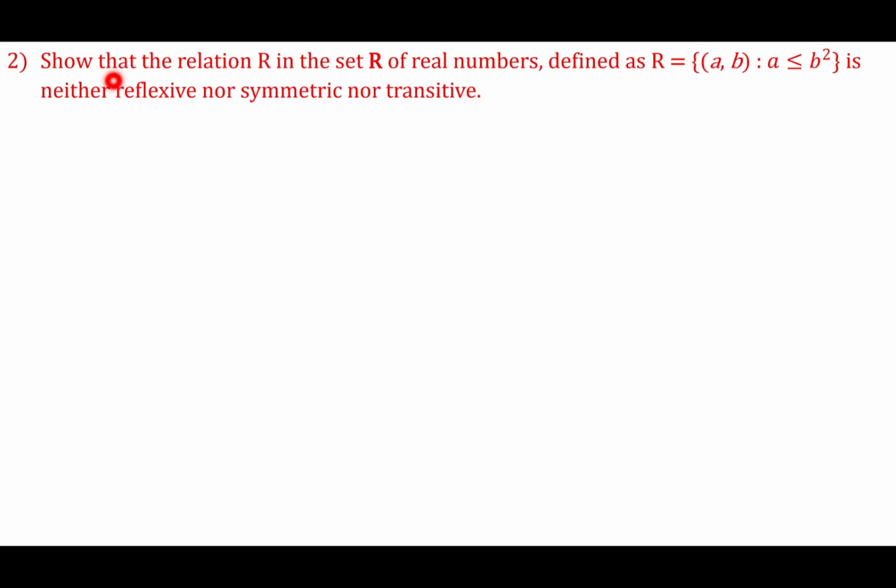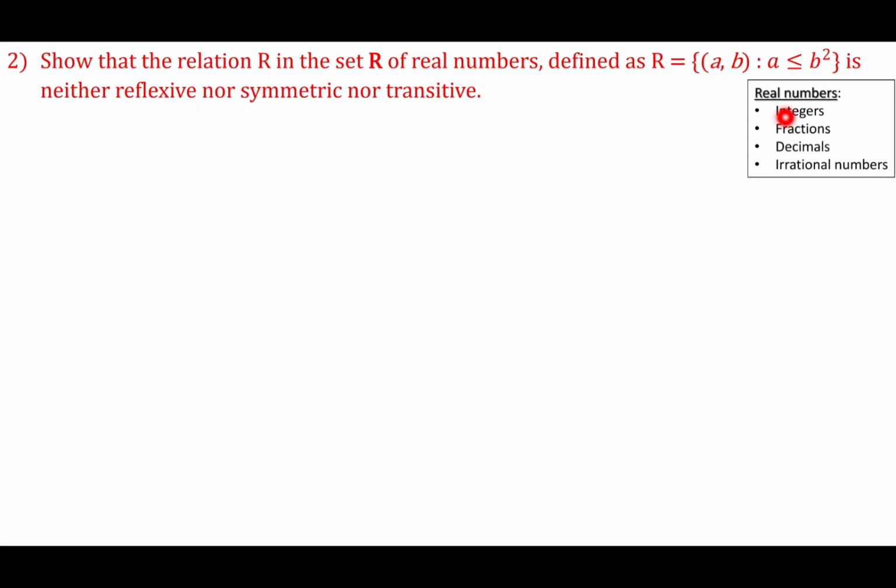Question 2. Show that the relation R in the set R of real numbers, defined as R equals (a, b) such that a is less than or equal to b squared, is neither reflexive, nor symmetric, nor transitive. We have to prove that the above relation doesn't satisfy all these. At first, what are real numbers?